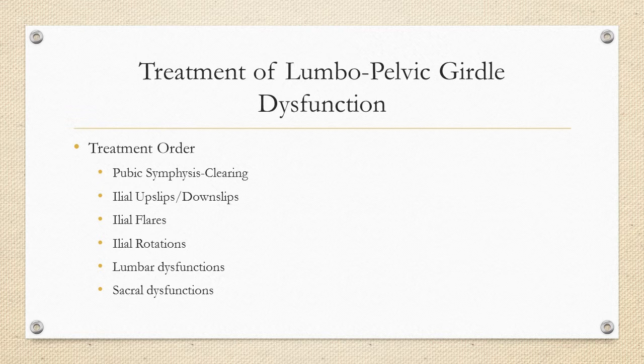And again, when you're dealing with ilial rotations, keep in mind that even if it's a few millimeters, it is going to change the length tension relationship of the muscles. And so if we think of the cross bridges of the actin and myosin, if we've got a muscle that is in a lengthened state, the actin and myosin fibers are not going to be able to attach the cross bridges effectively, which is going to affect strength.